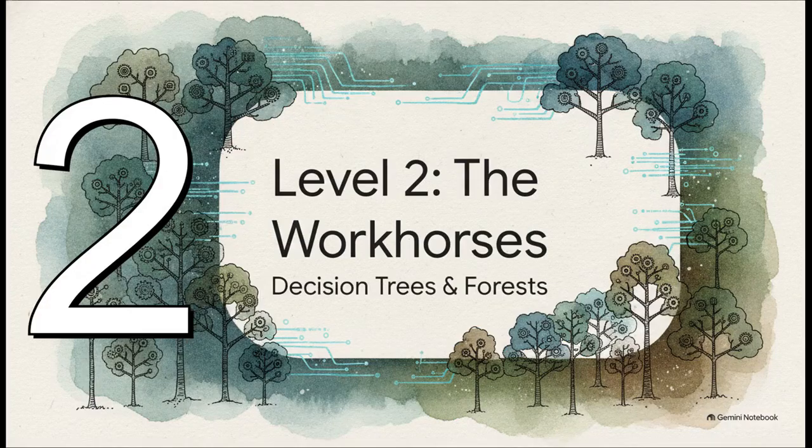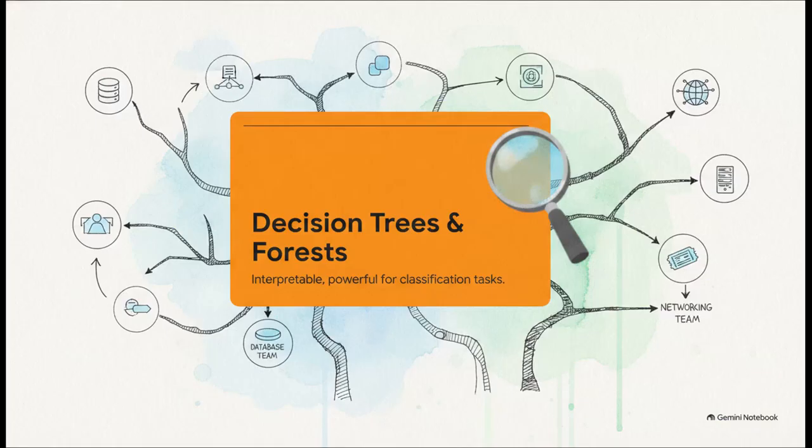Moving on up to Level 2, the workhorses, decision trees and random forests. All right, stepping up to the next level of our toolkit, we have what the source highlights as highly interpretable models. These are your operational workhorses, and they are incredibly powerful for categorization and classification tasks, basically putting things into the correct buckets. But you know what their true value is? It's right there in the word interpretable.